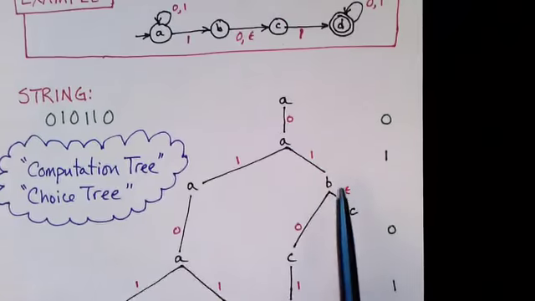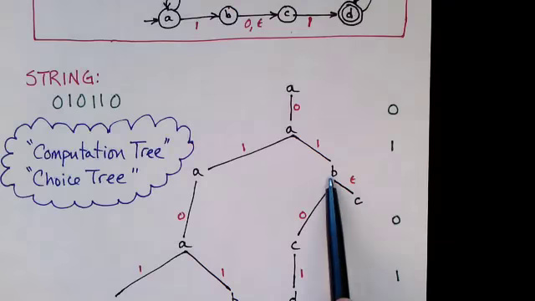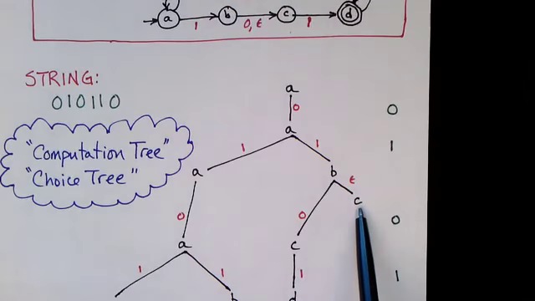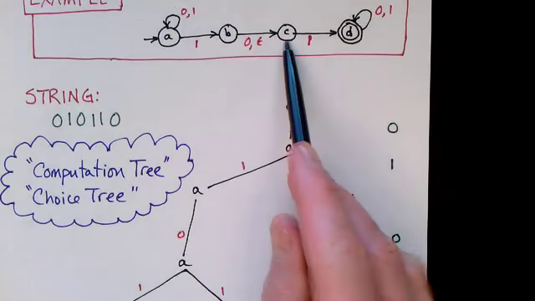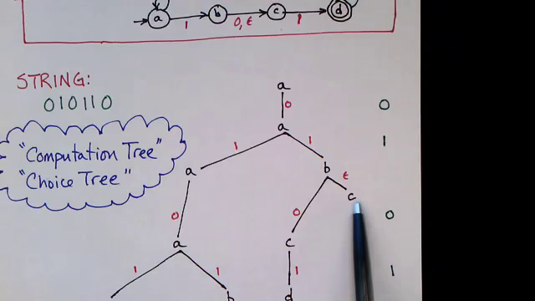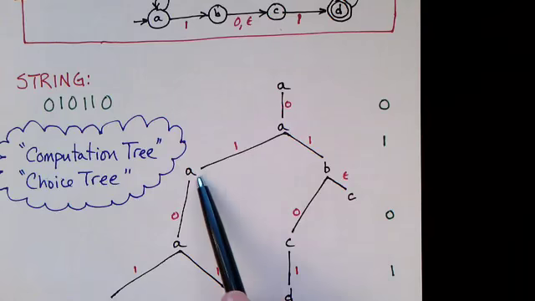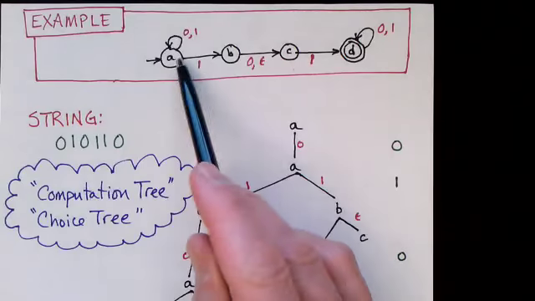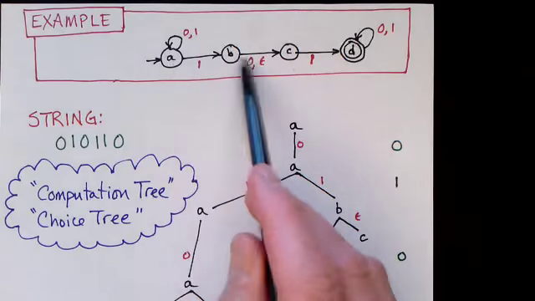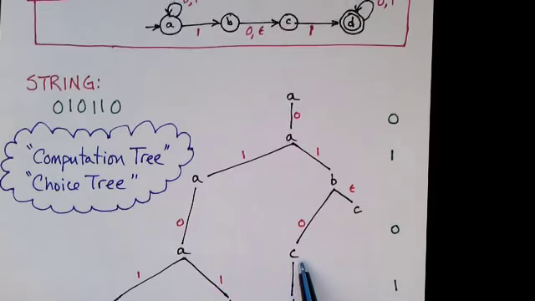Now if we go to state B, there's an epsilon edge to C. So we can immediately go to C. But our next symbol is a 0, and if we go to C, we're stuck. We can't do anything. So that branch ends before we get to that 0. On the other hand, if we stay in A and B and see that 0, well, in A, we remain in A. In B, we go to C. Okay, now what happens?